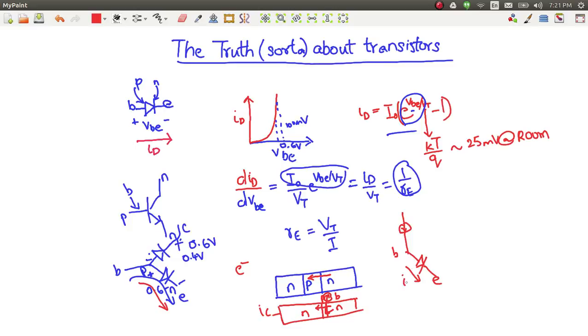So this is some emitter current. Most of that current is coming from the collector. So, well, where beta is a large number.